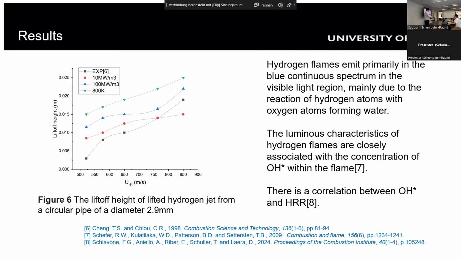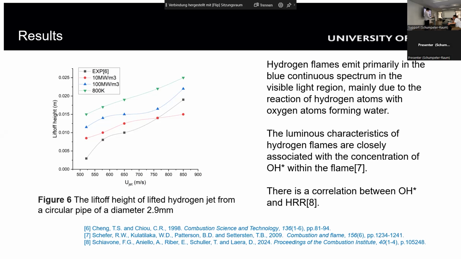the analysis of lift height of flames under different conditions. It shows the lift height measured under 800 K and different heat release rates. Hydrogen flames are invisible, or not invisible, but hard to see. So experiments always use different conditions to measure it, but it's not accurate enough because visibility is hard to define.